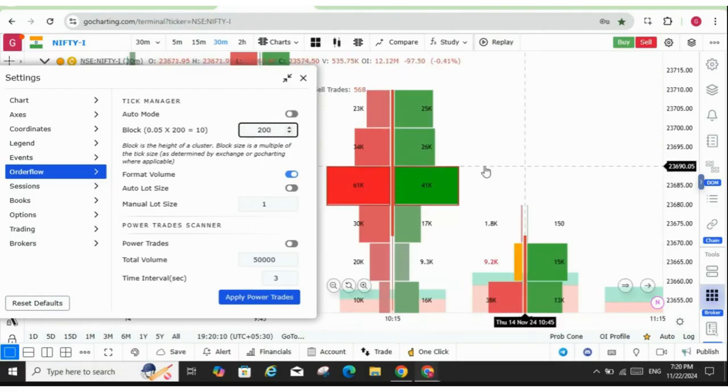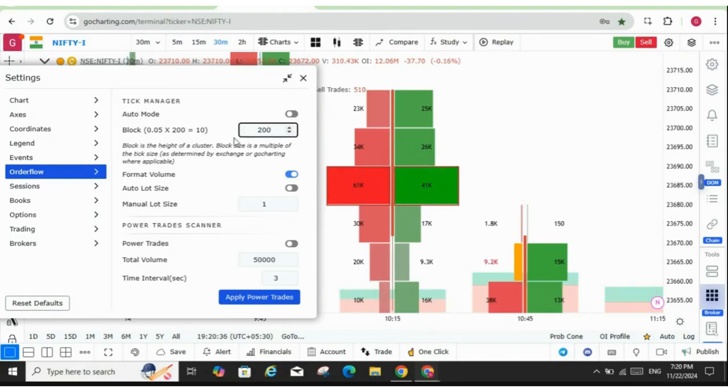So if I keep my mouse over here, the number is 23690, and here the number is 23680. Okay, so from 23680 to 23690, this is the 10 block size. Okay, and in this price range, whatever number of buyers are there, that will be presented here.